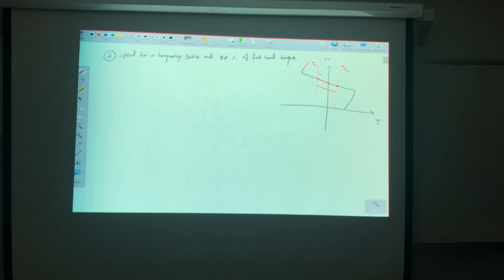The slope is the same, so the drop in speed is the same. Correct? So the slip speed and slip at full load equal what?